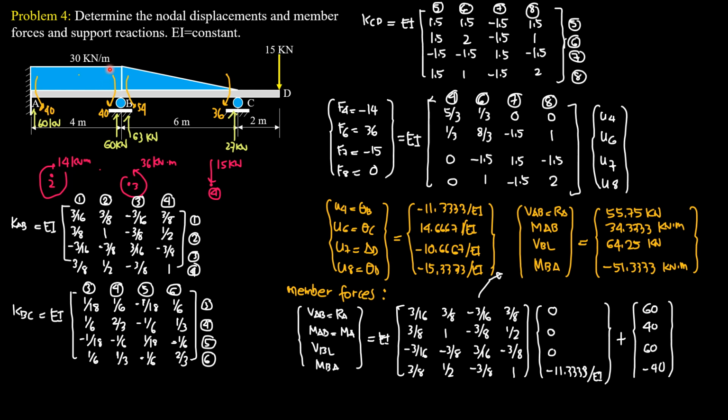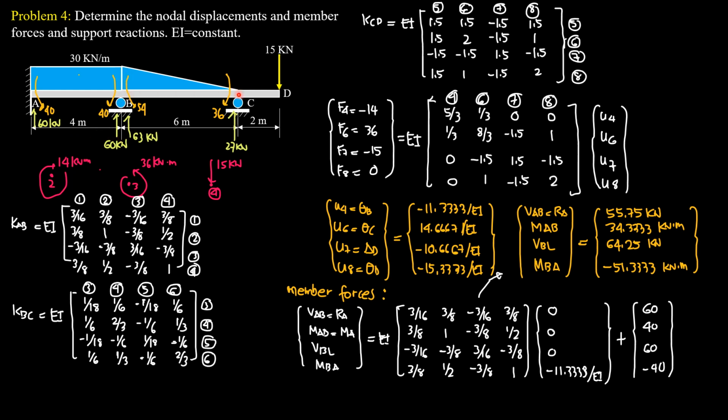So it's also 40 on the other end. While this fixed force upward of 60 is 30 times 4 divided by 2 because of symmetry. So 30 times 4 divided by 2 is 60 kilonewtons, 60 kilonewtons.